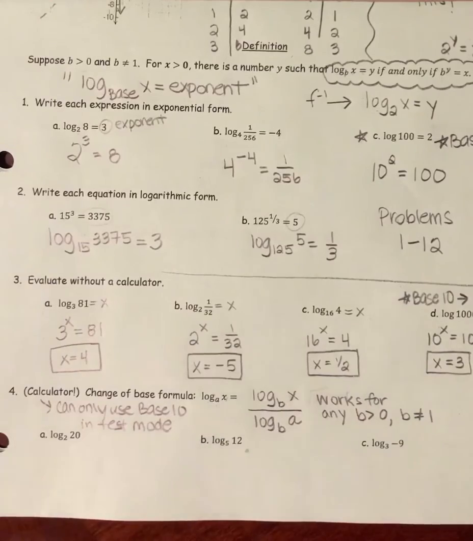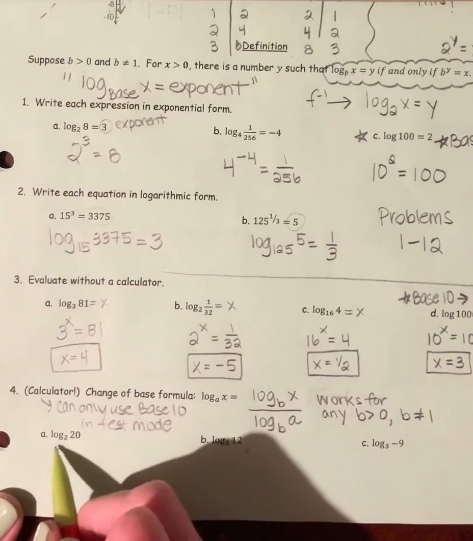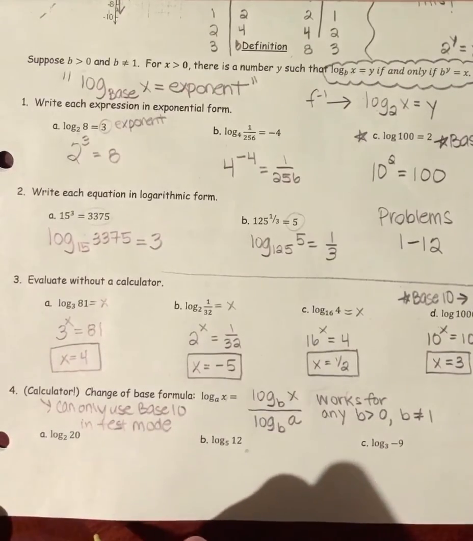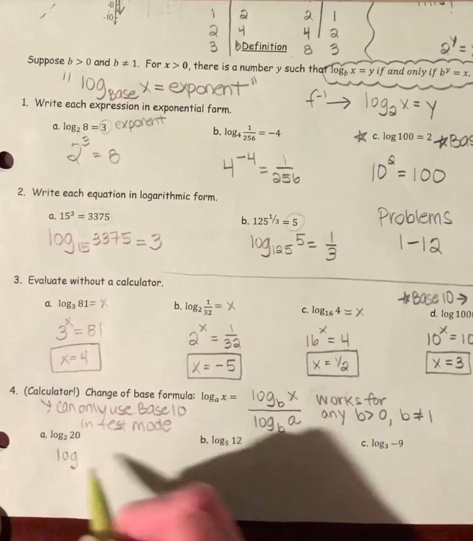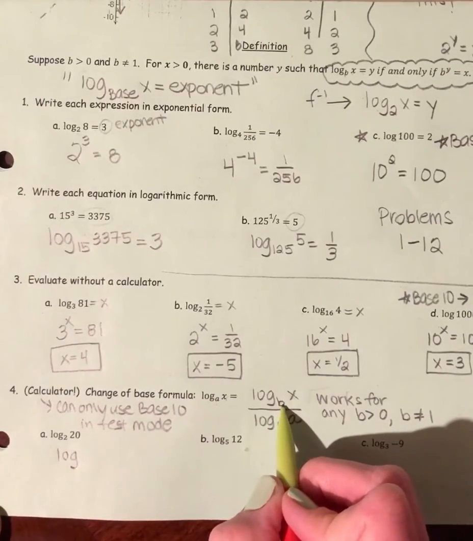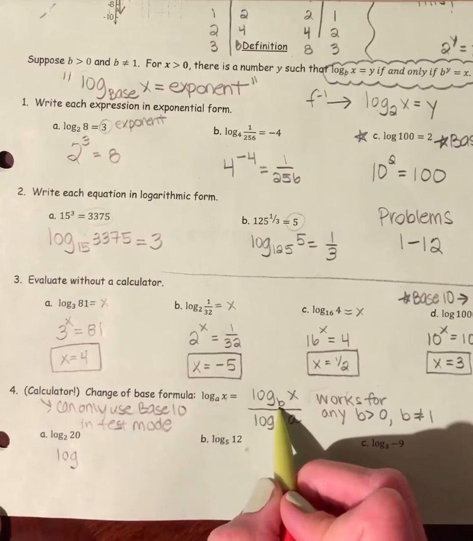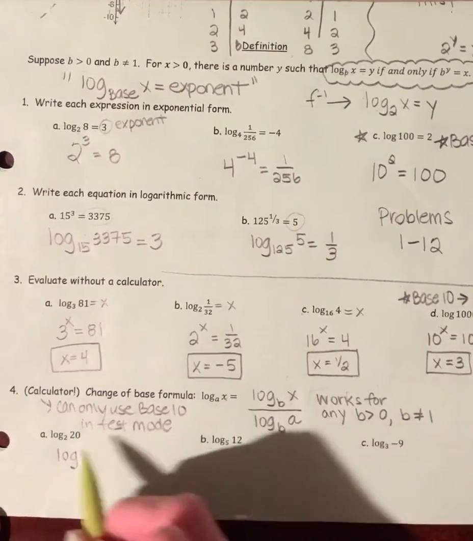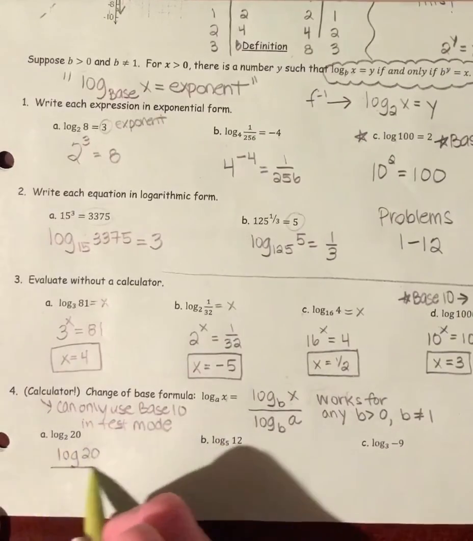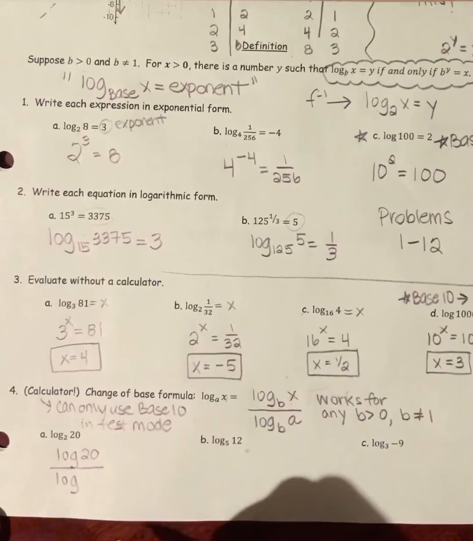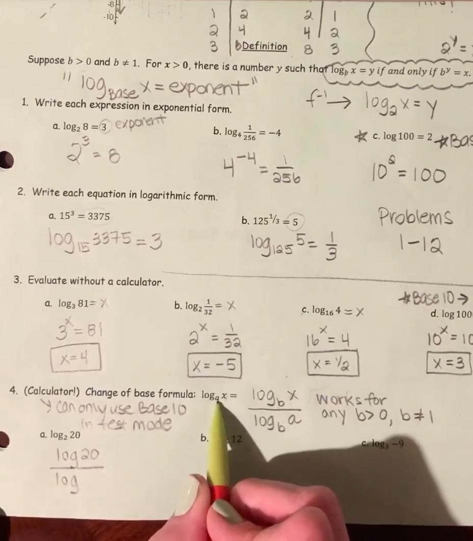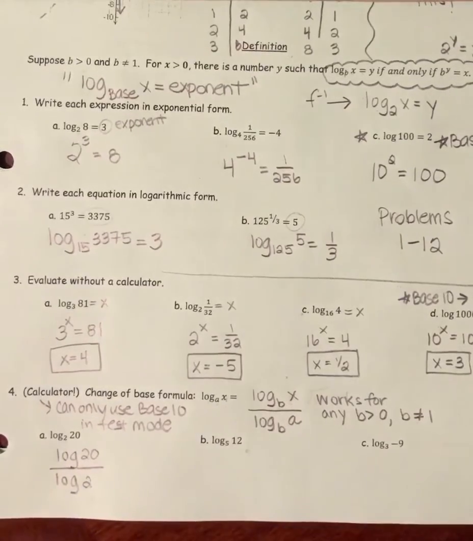So what you have to do to put this in your calculator, if you go back to problem A, instead of plugging in log base 2 of 20, I'm going to take the log of any base I want, 10 in our case, which I don't have to write because base 10 we know is the common log. We don't have to write that base. Of the x value. Well, the x value in this case is 20 over log, again, base 10 of the value of a, which is the base, in this case, 2.